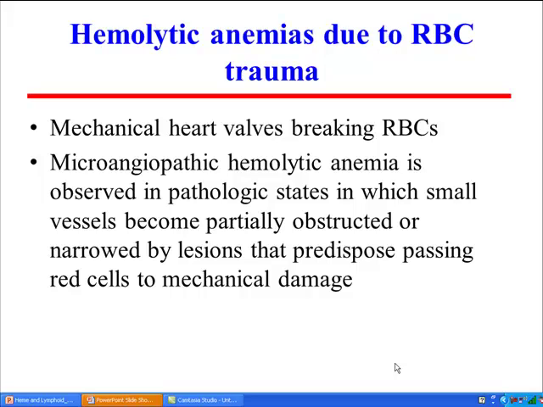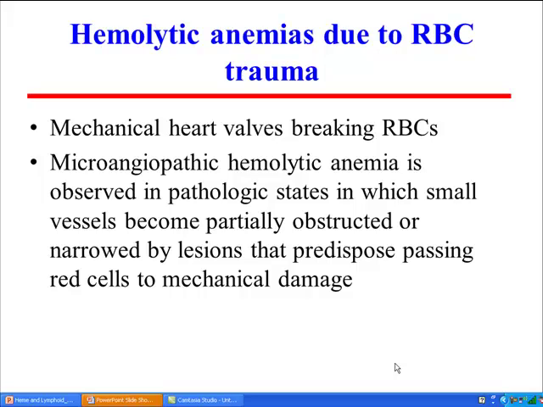Another good example would be in certain conditions or diseases in which the small blood vessels are obstructed or narrowed by lesions, and so when the red blood cells pass through these blood vessels, it can cause mechanical damage.